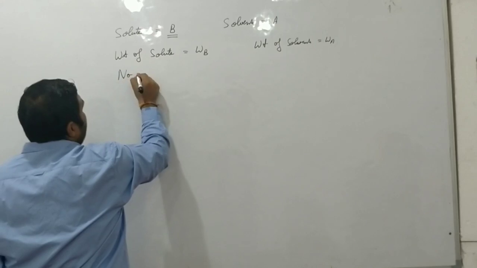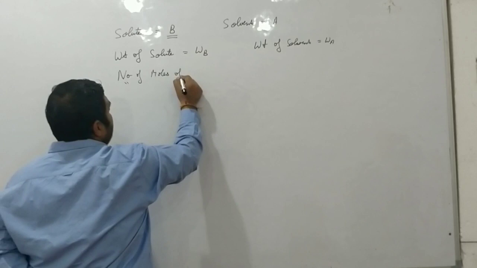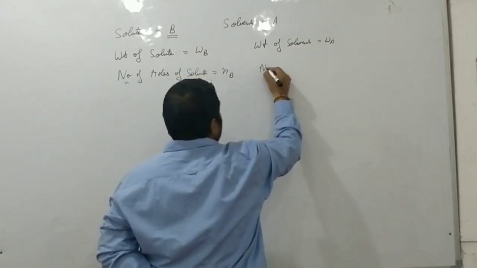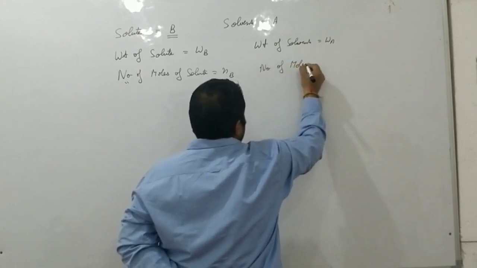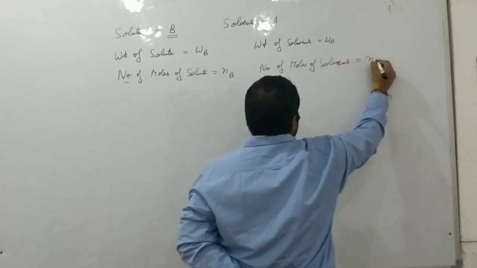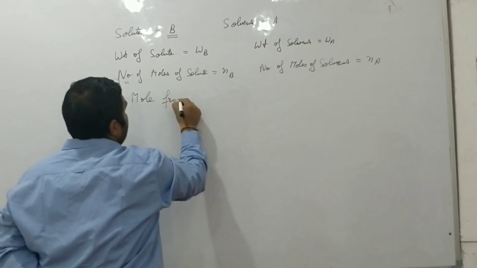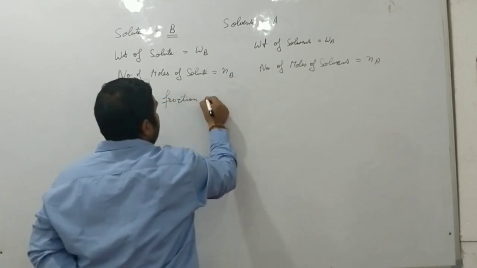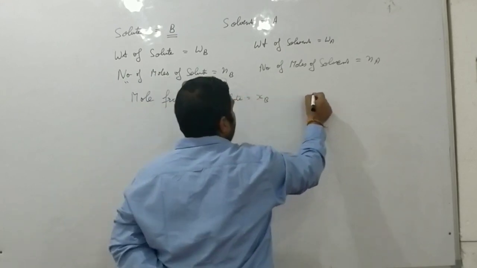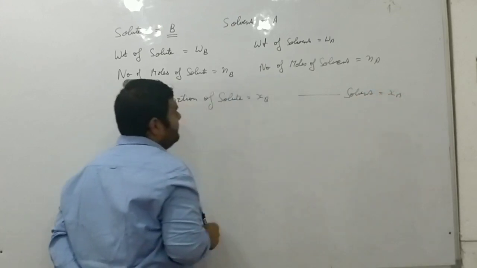Similarly, number of moles of solute is equal to NB and number of moles of solvent is equal to NA. Further, mole fraction of solute is XB and that of solvent is XA.